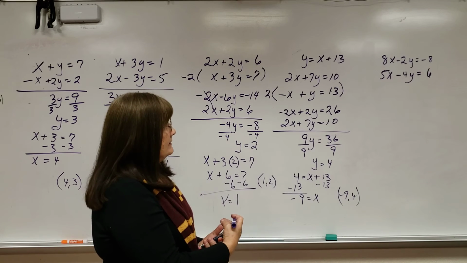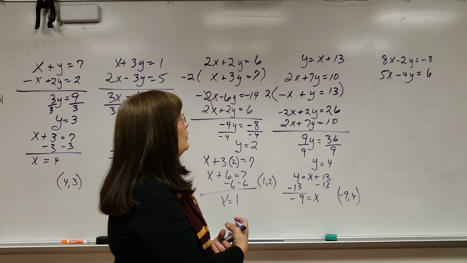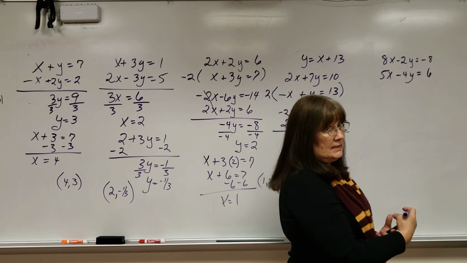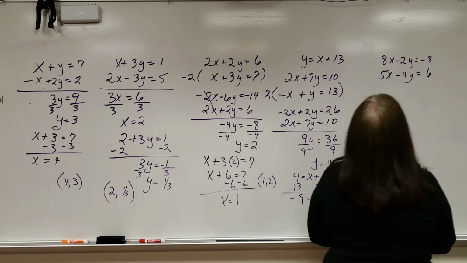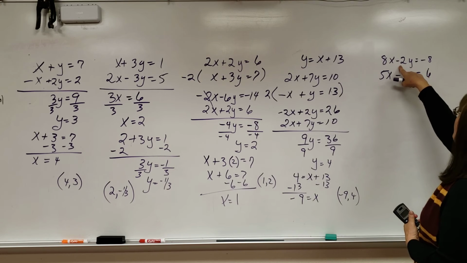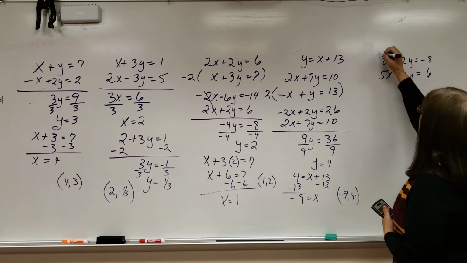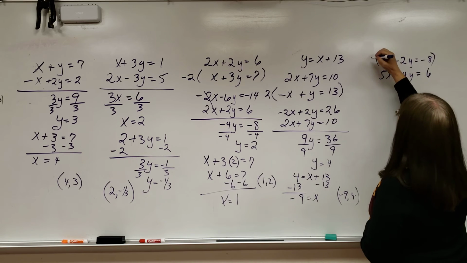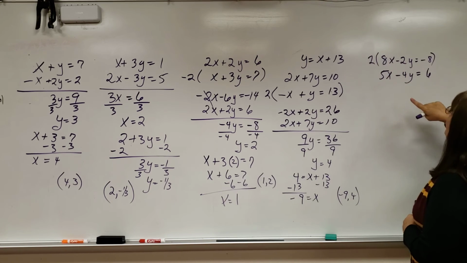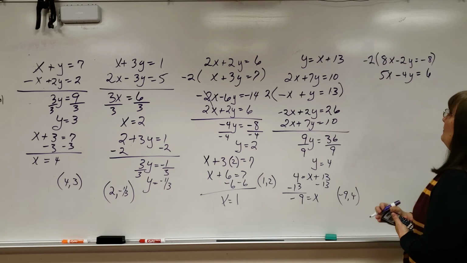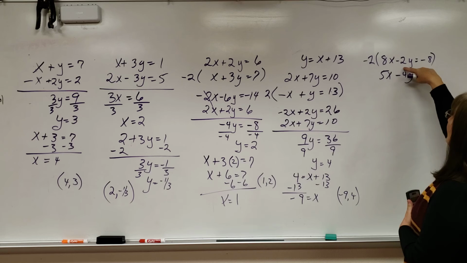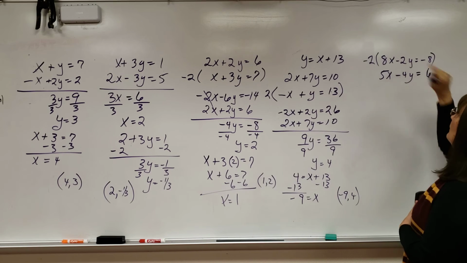The last system that we're going to do requires, again, changing one of these. You have to decide which one you're going to change. I'm going to take and multiply this up here by negative 2, because I have a negative 4 here and I need a positive up here.